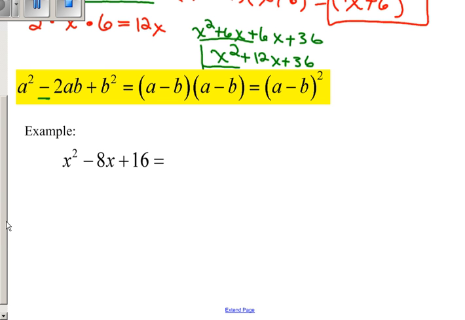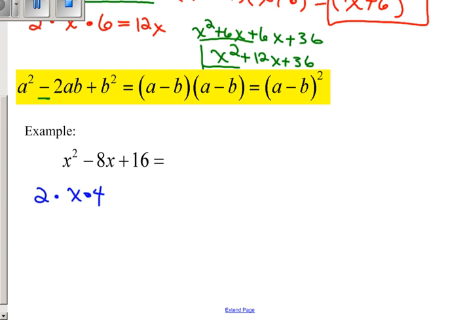So, again, I want to look at this and ask, is x squared a perfect square? Yes. What? X squared. Is 16 a perfect square? Yes. What? 4. So, again, to follow my pattern, is 2 times x times 4 8x? It is.